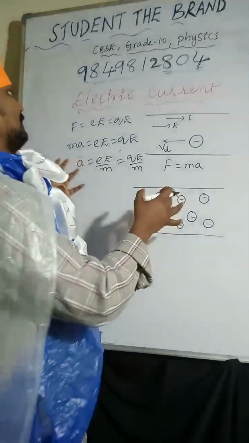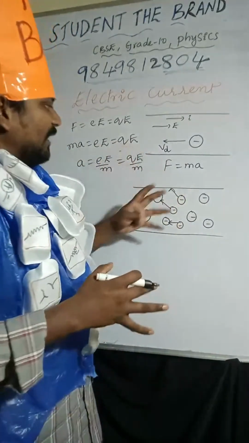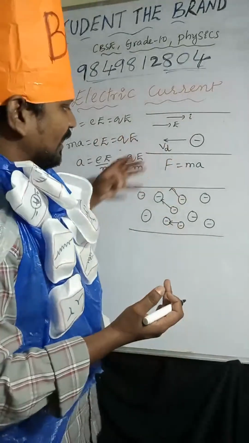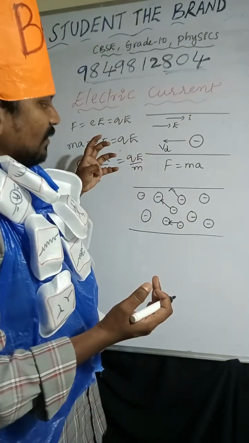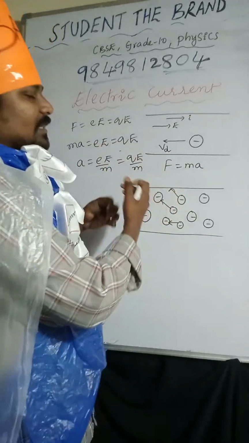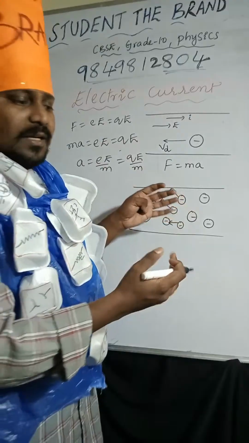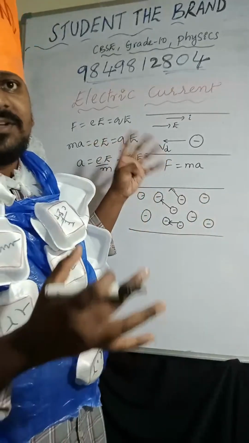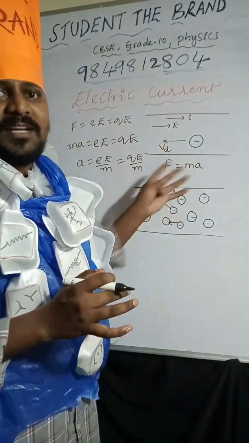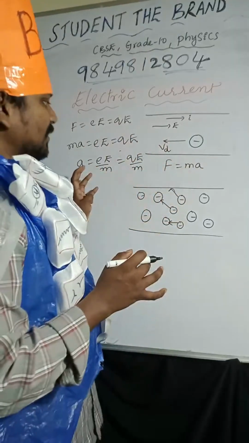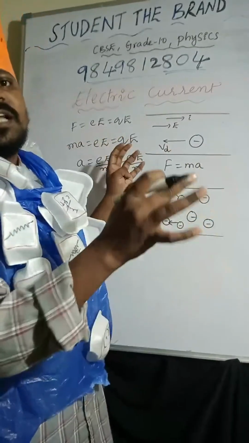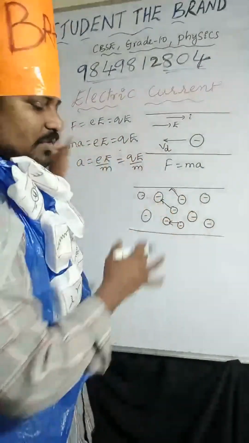Okay, so electrons are moving with a velocity, so they will collide with each other. After each collision, the velocity will change. So from one electron to another electron the velocity will be different.